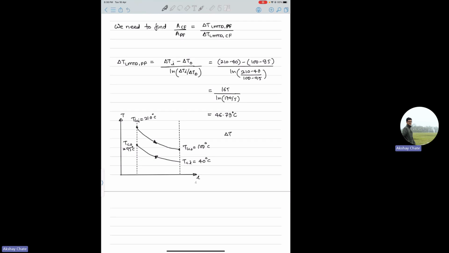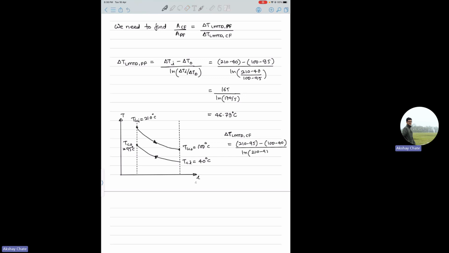Now here, if you calculate the delta T LMTD for counter flow arrangement, what is the difference at the inlet? It is 210 minus 95. What is the difference at the outlet? 100 minus 40, and then you have to take the logarithmic ratio of these two numbers.